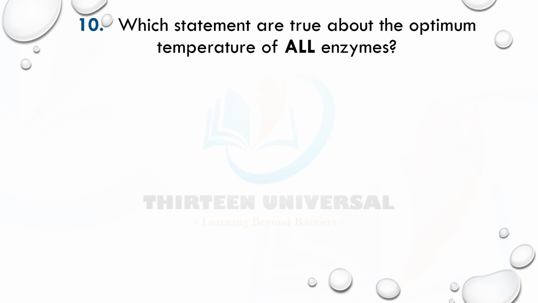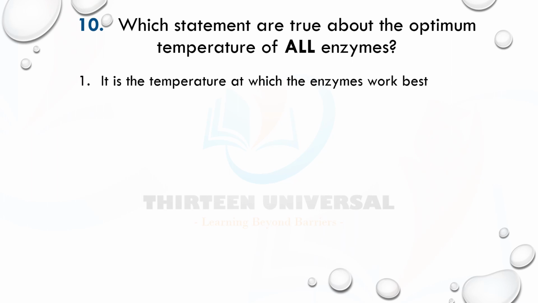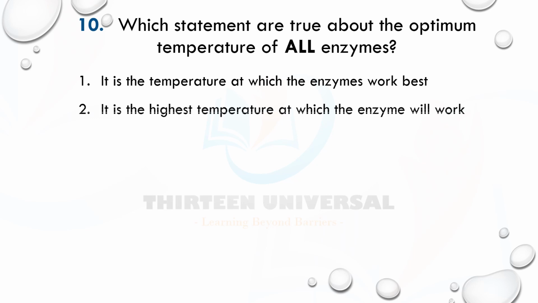Which statements are true about the optimum temperature of all enzymes? 1: It is the temperature at which enzymes work best. Correct, enzymes work best at optimum temperature. 2 said it is the highest temperature at which an enzyme will work. No, it's not the highest temperature. A high temperature causes the enzyme to break hydrogen bonds and distort the active site, making it less complementary.